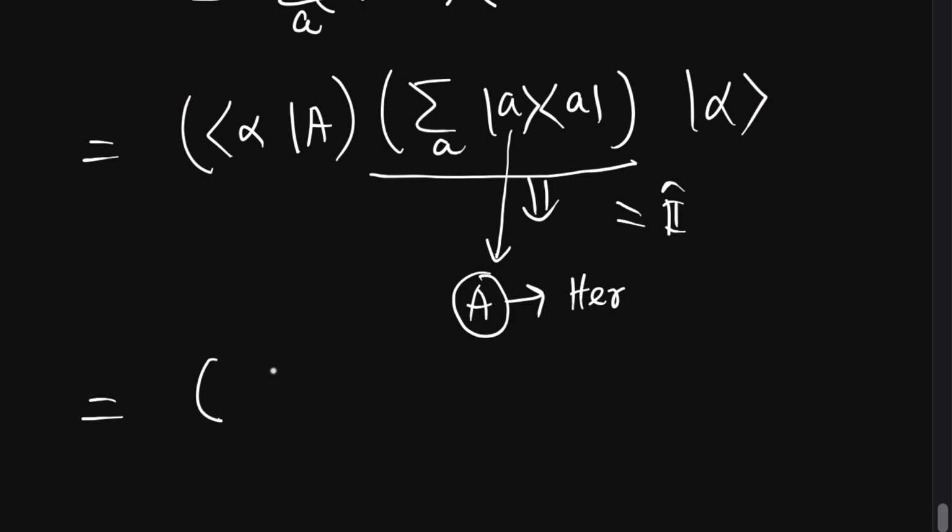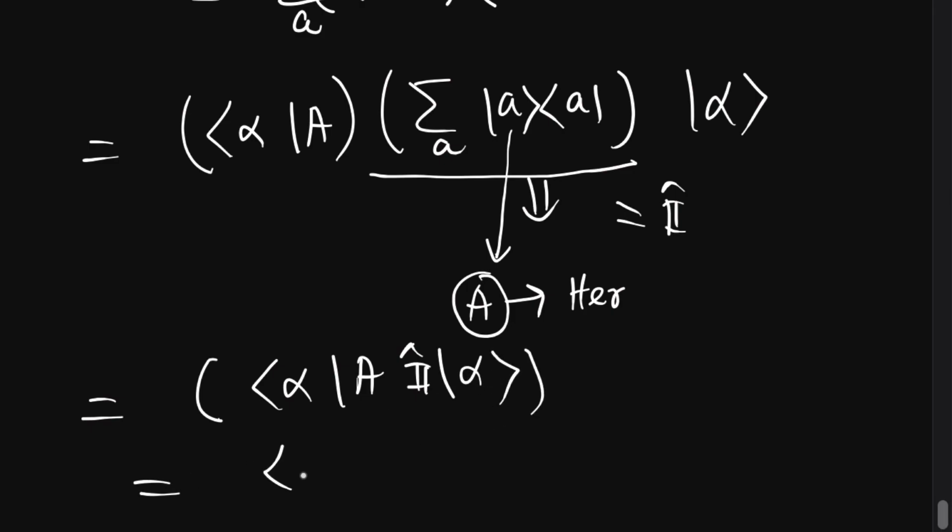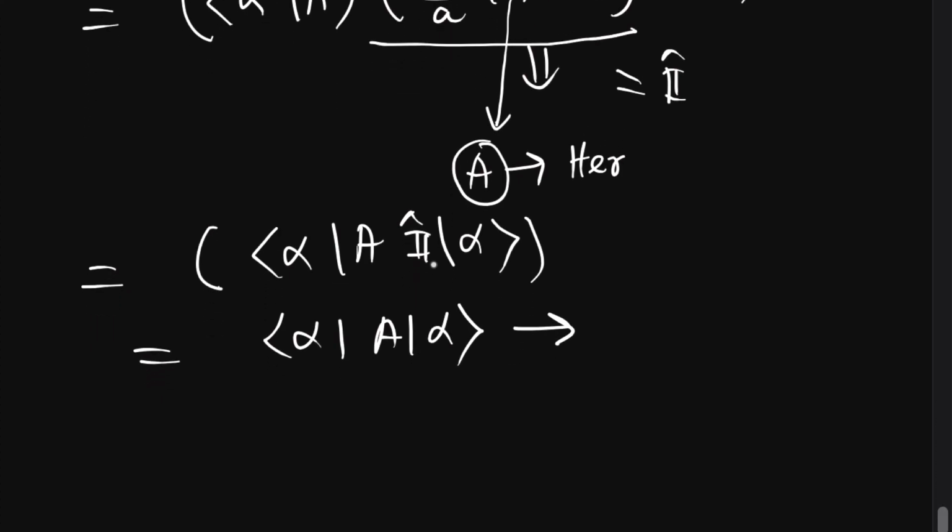That means this is equal to <alpha|A identity|alpha>. That means <alpha|A|alpha> is the expected measured value.